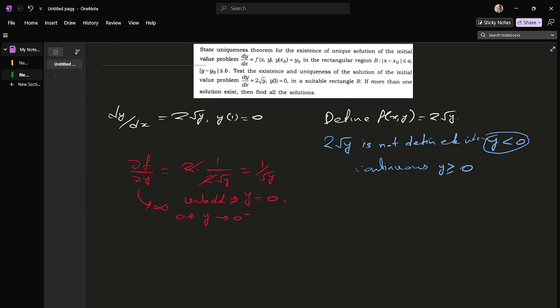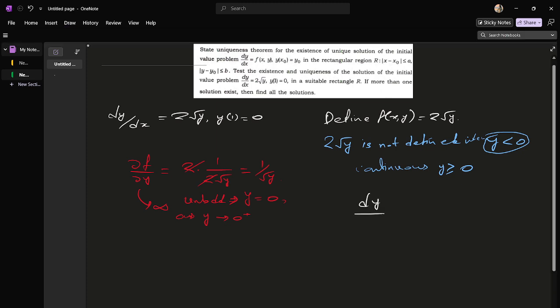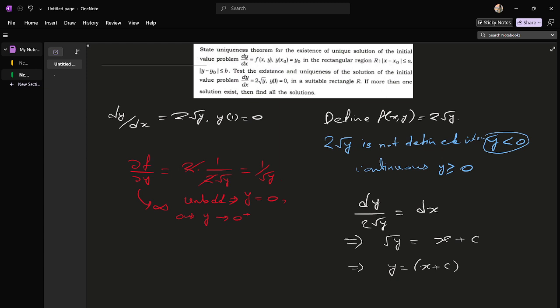It can be rewritten as dy/(2√y) = dx. Integrating, we get √y = x + c, so y = (x + c)².